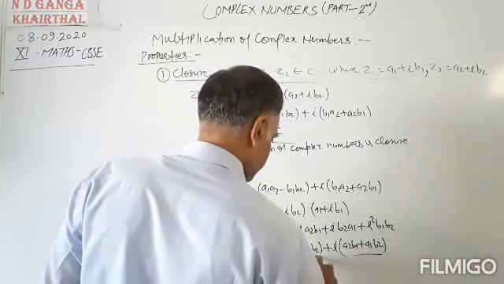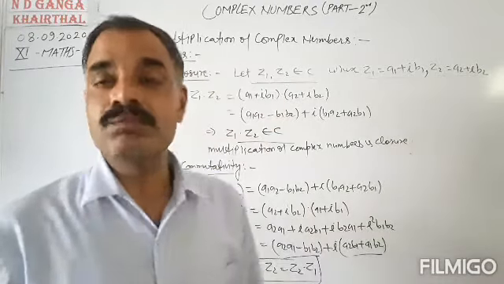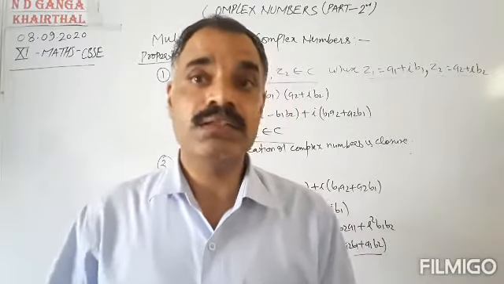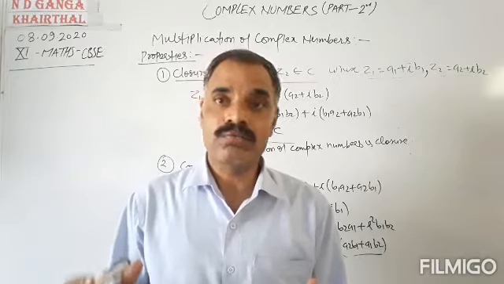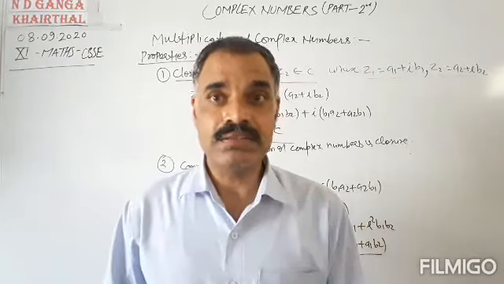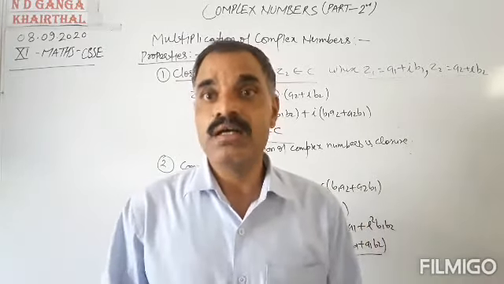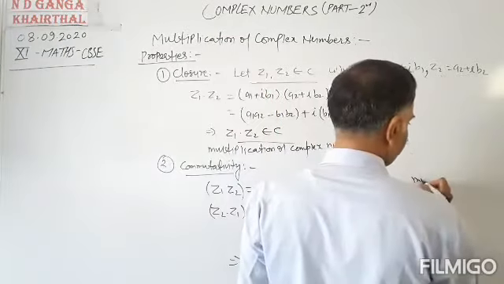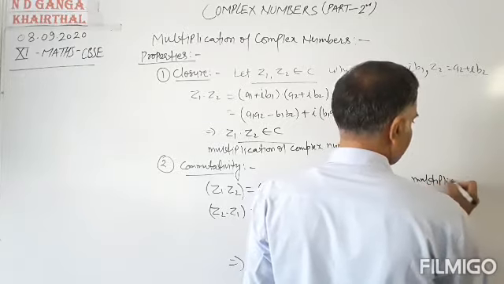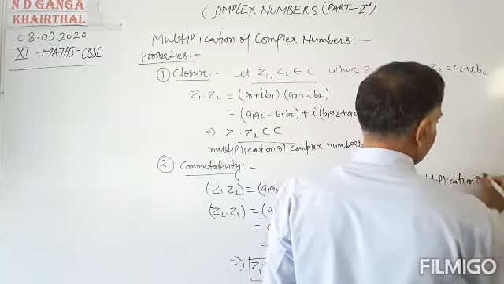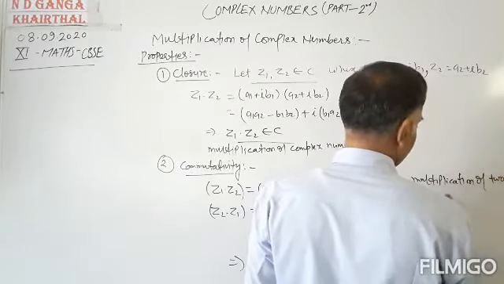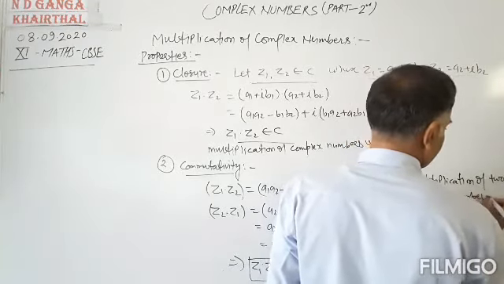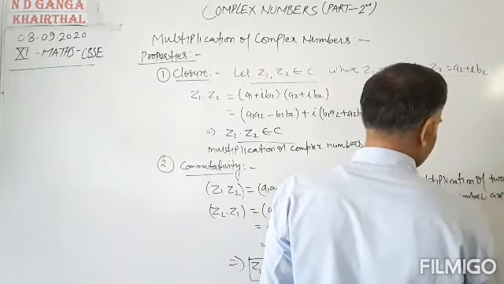Means the multiplication of two complex numbers is commutative. Or we can say that multiplication of two complex numbers follows the commutative property.